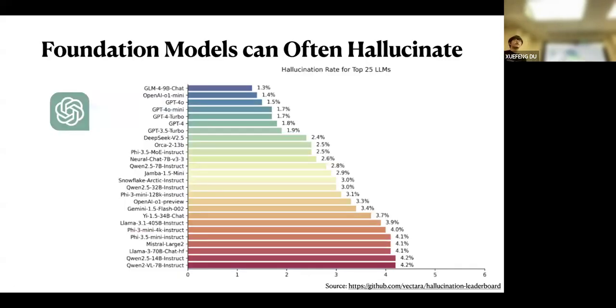It turns out that current foundation models can often hallucinate. If you take a look at these slides, even the current state-of-the-art, highly capable foundation models, like the OpenAI o1 model and the GPT-4 model, can hallucinate at a rate of over 1%.